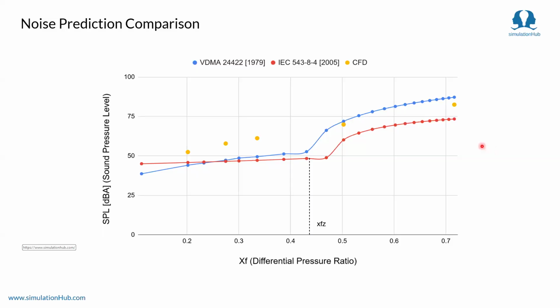So with some adjustments to it, we can definitely get the required predictions. And in the cavitation zone as well, we see that we are slightly over predicting with respect to IEC. Again, this is evident because it's just the internal sound, and some of it will be dissipated by the valve body and the pipe thickness.